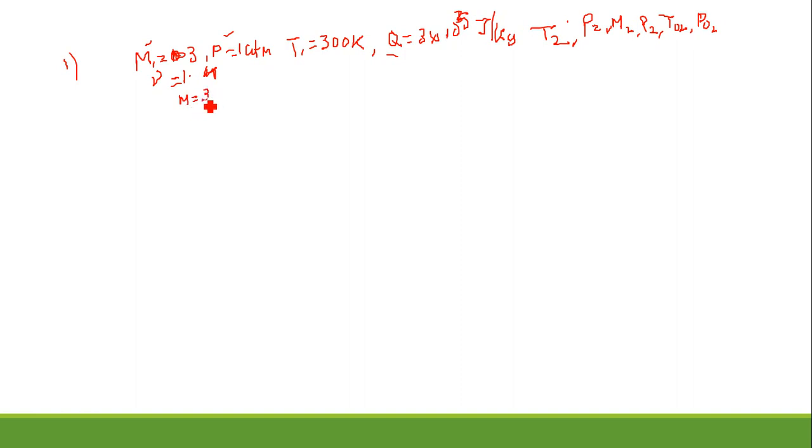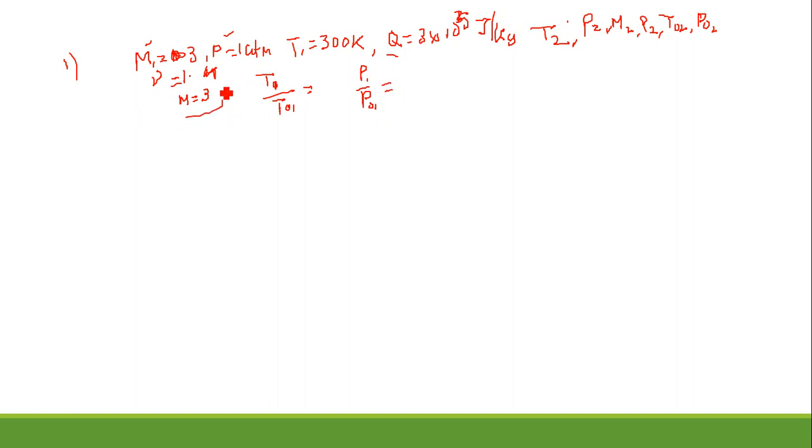For M equal to 3, there will be some properties like T1 by T01, or T naught by T. So here we need to take the values for T1 by T naught 1 and also P1 by P naught 1.